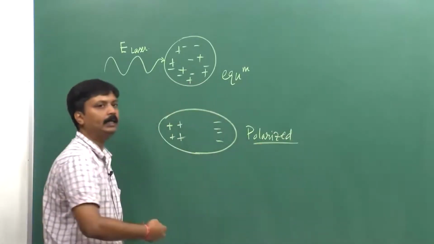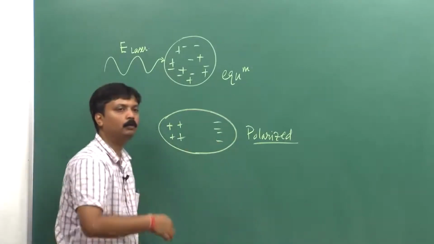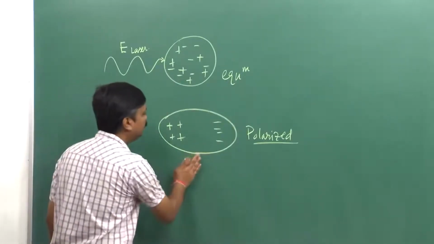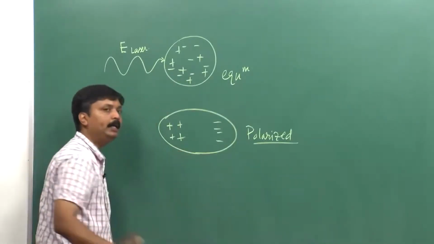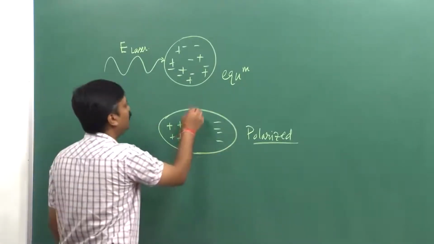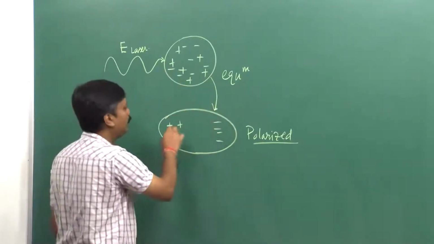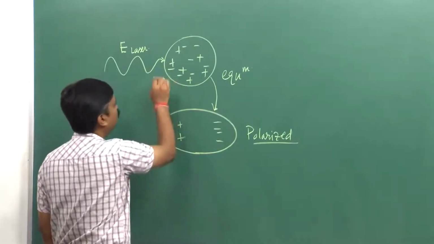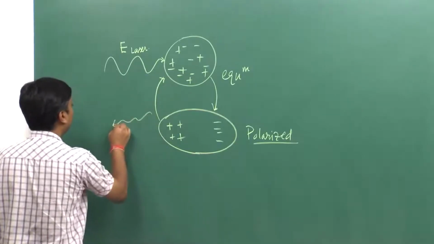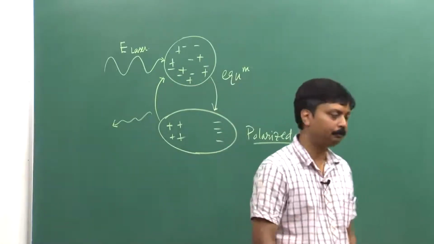So, we create an asymmetry in the charge distribution, and when this is very large, this is a non-equilibrium state, and it will not remain as it is forever. It will quickly want to go back to the original state. When it goes back, it will release the energy in the form of light.